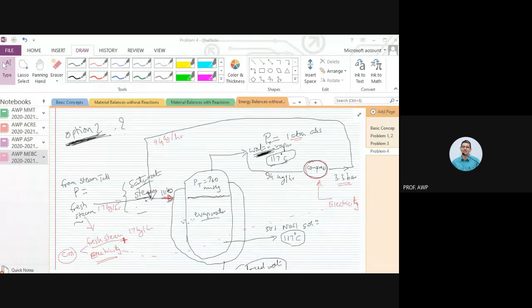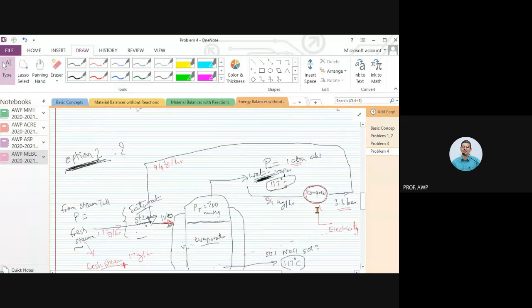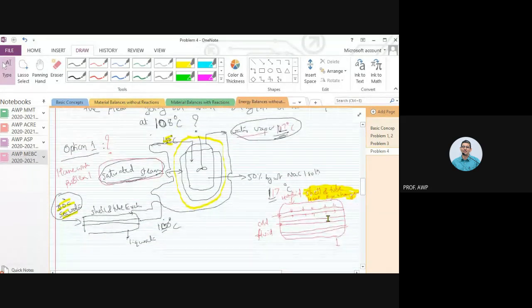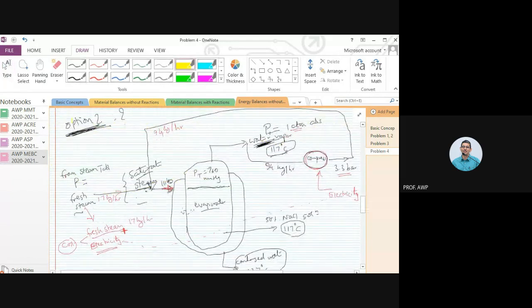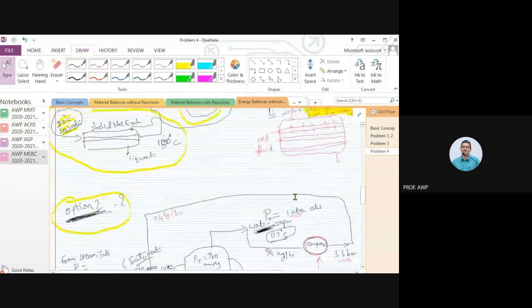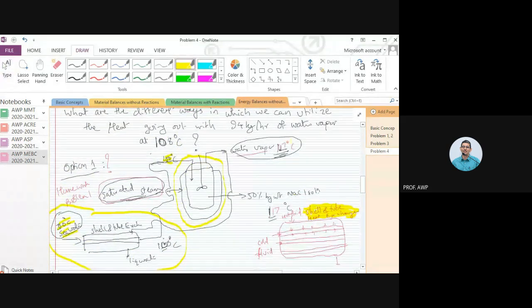Anybody else can think of any other option? What are we doing by doing this? Option 1, what Smith told, option 2, what Praveen was trying to do, are we not recycling our enthalpy? Are we not recycling our energy that was going out with this 117 degrees centigrade water vapor?